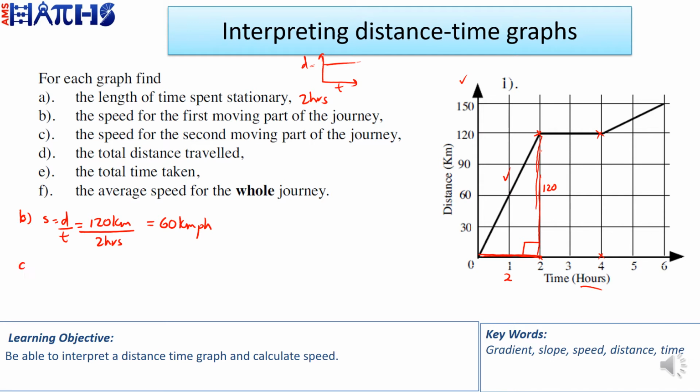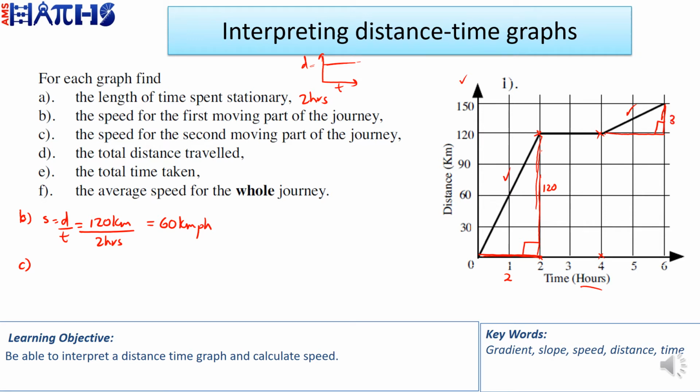For part C, it asks us to work out the speed of the second moving part of the journey. That's this slant line here. So again, for the second moving part, we're starting here and we end up over here. So we draw a right angled triangle. Find the height of that triangle.